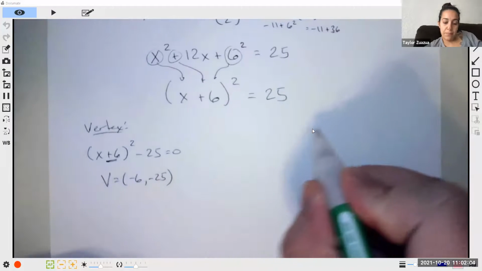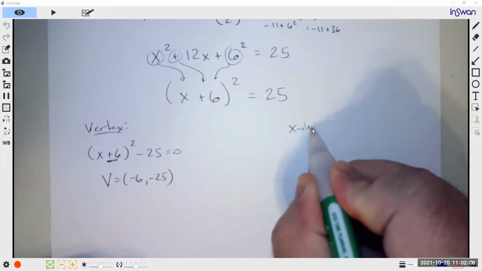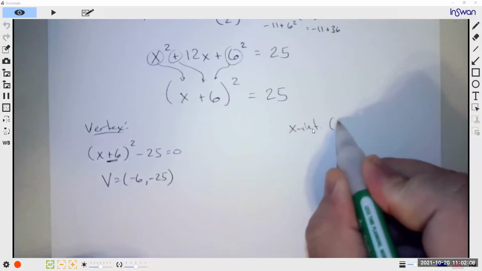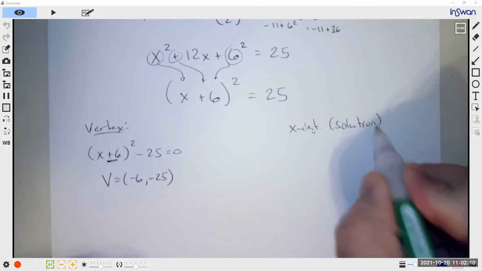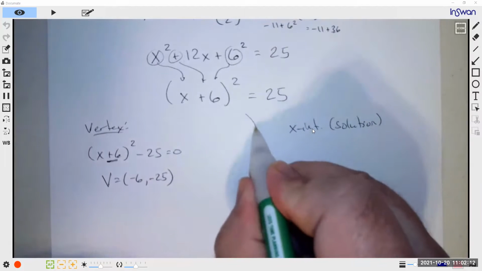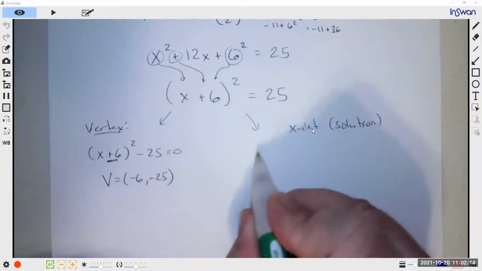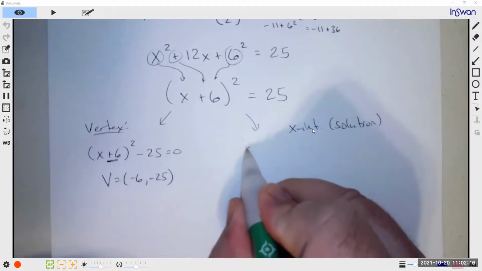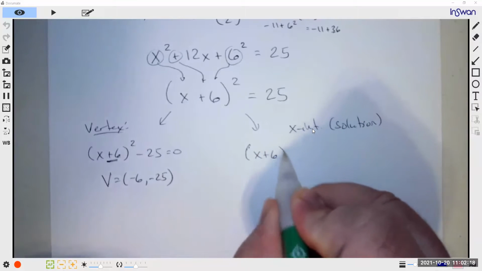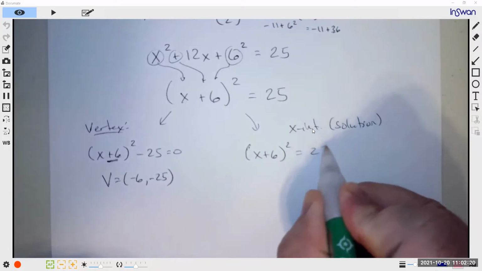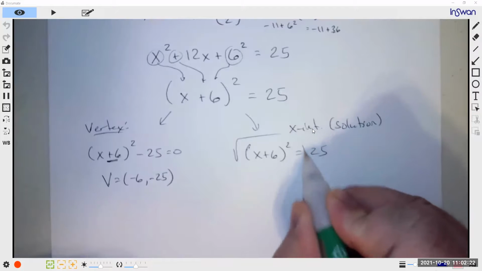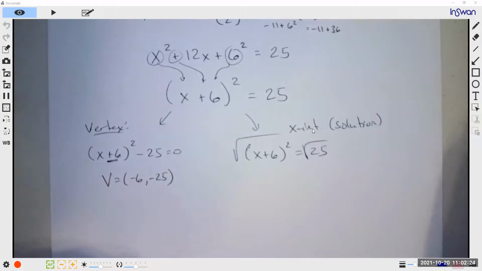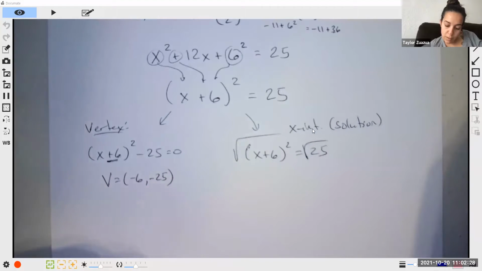Now for the x-intercepts, or the solution, here we have x plus 6 squared equals 25. Square root both sides.